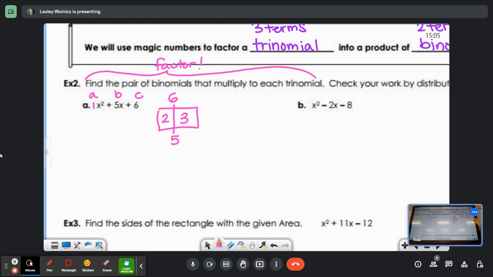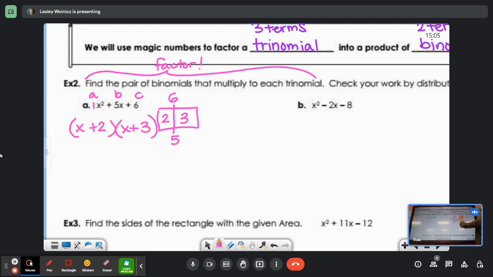So in order to get x squared, don't we need x times x to get x squared, right? Yeah. And then in our other 2 empty spots, we can put our plus 2 and our plus 3. And that's done with the factoring.